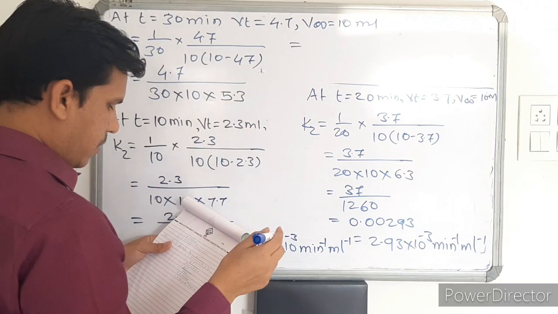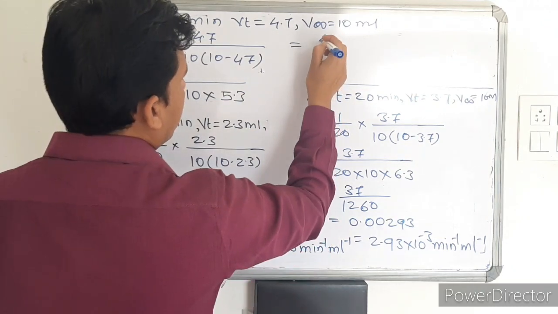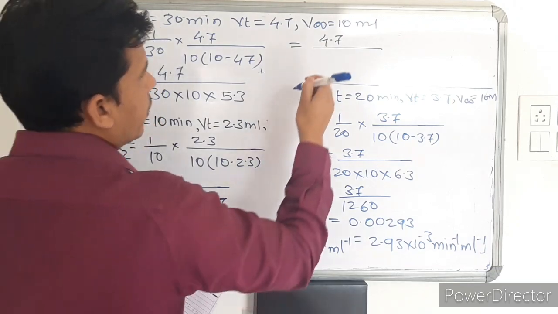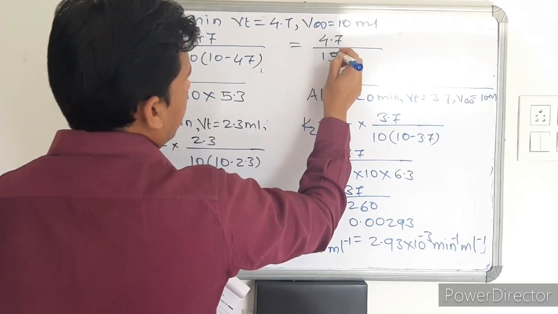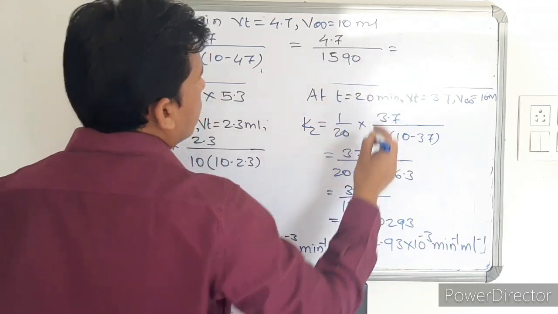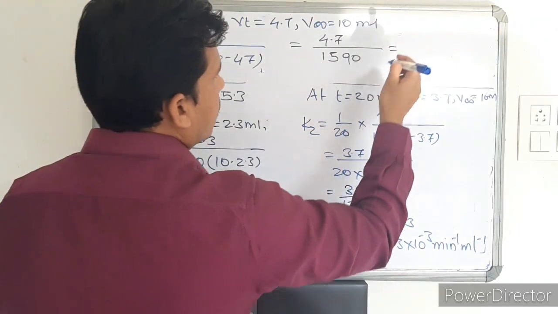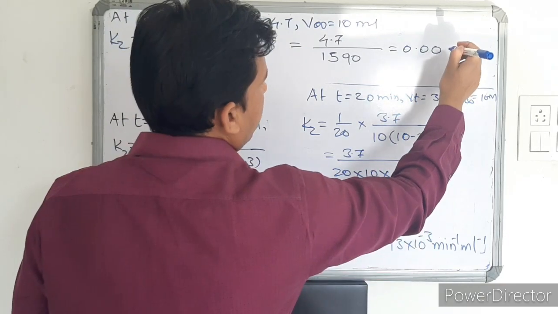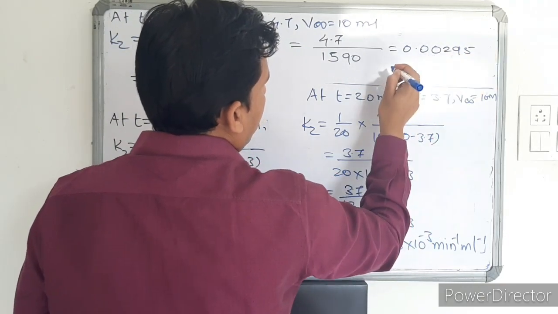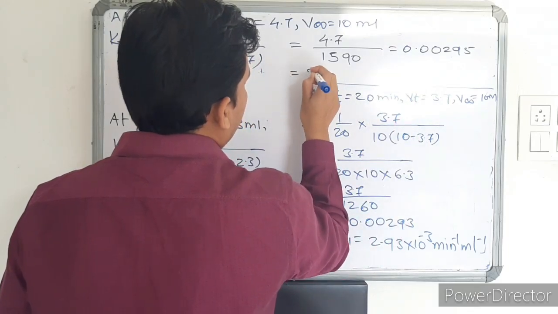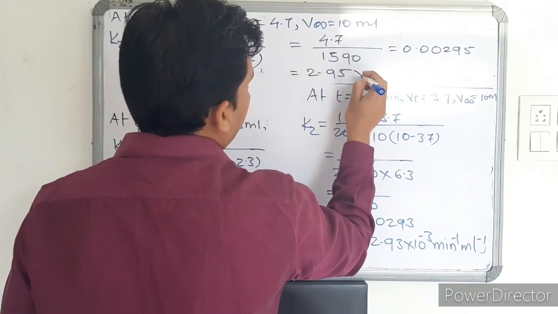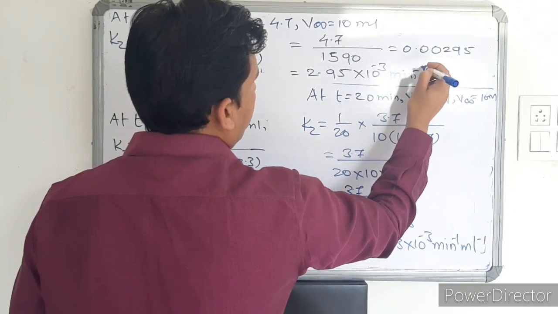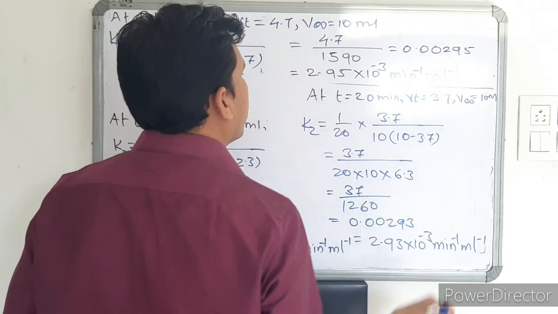By solving this, 4.7 upon 1590, and the answer is 0.00295, and this one we can write as 2.95 into 10 raised to power minus 3 minute inverse ml inverse.